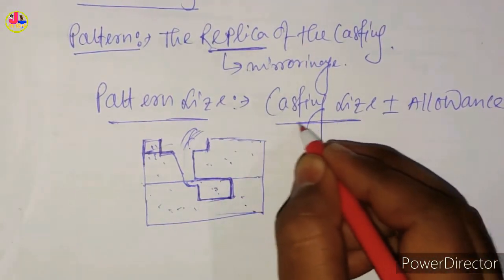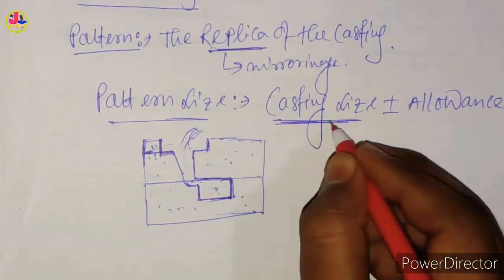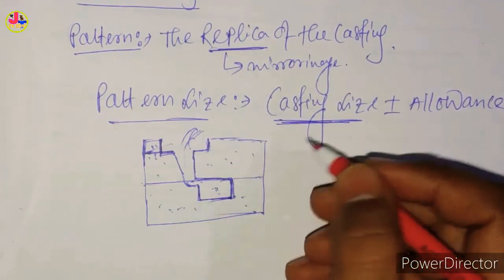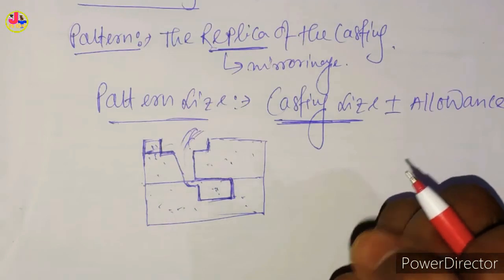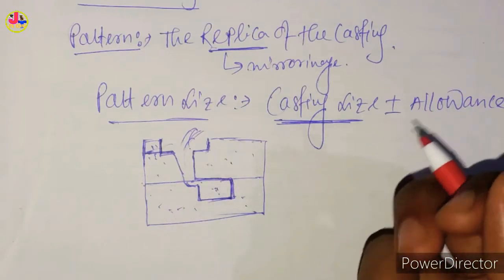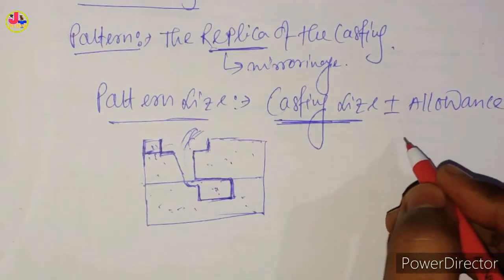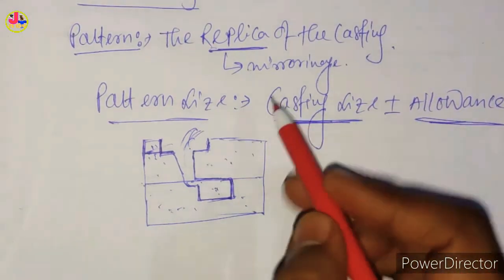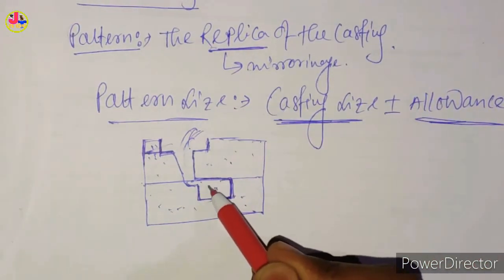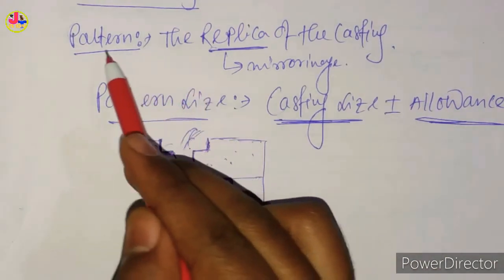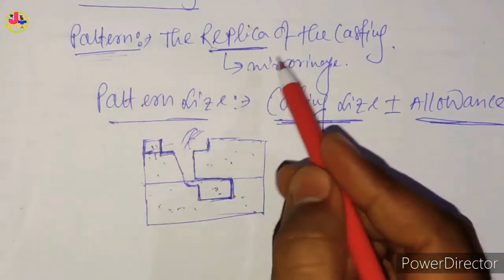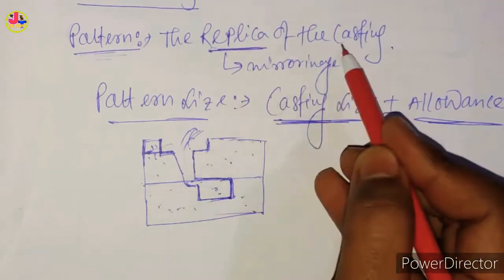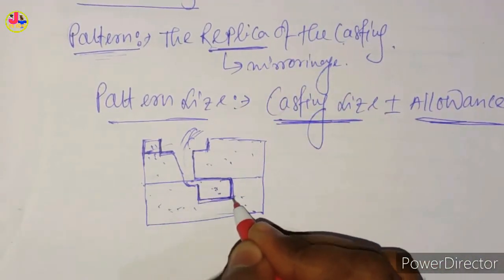Casting size may not be accurate because during solidification there may be shrinkage, volume shrinkage, whatever. So that's why we have to provide some allowance. We will discuss that later, but in this mold cavity we are using the pattern. Keep in mind, that's why we say the replica of the casting is called the pattern.